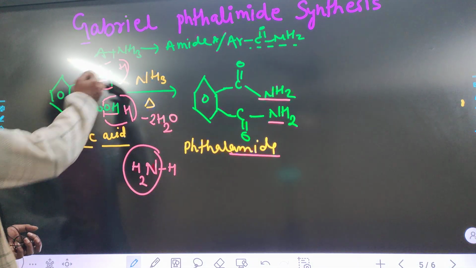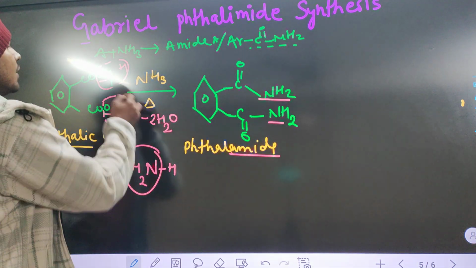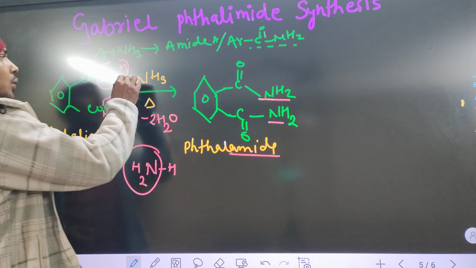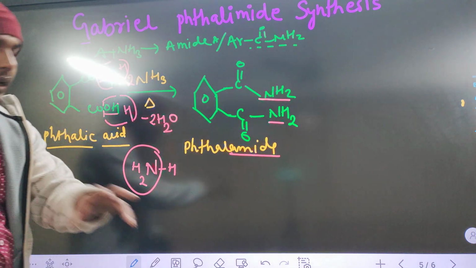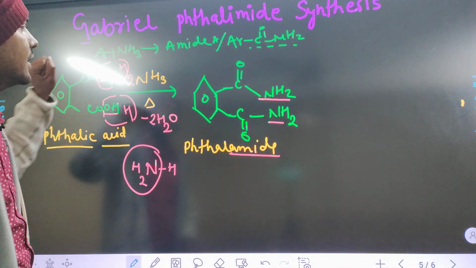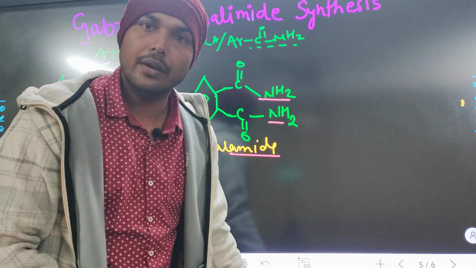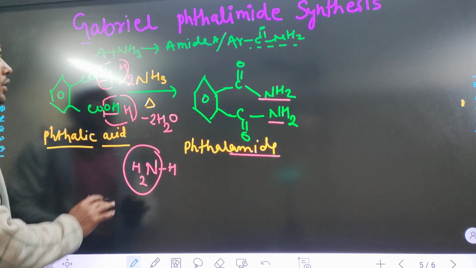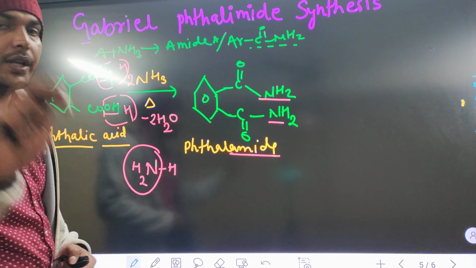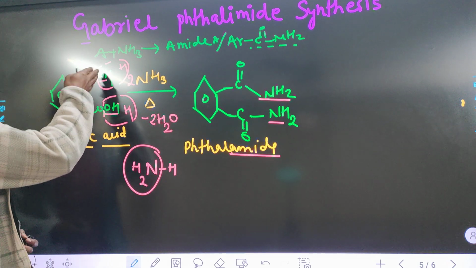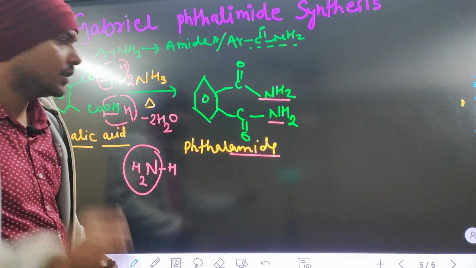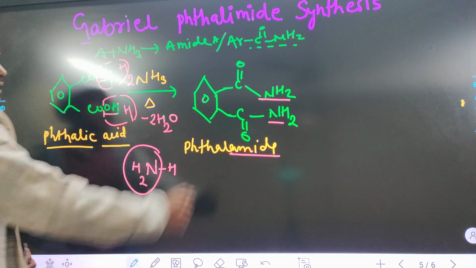The H reacted with the OH group. So when two molecules of ammonia react with phthalic acid, it forms phthalimide. Two hydrogens from two ammonia groups react with the two OH groups of phthalic acid. So this is phthalimide.